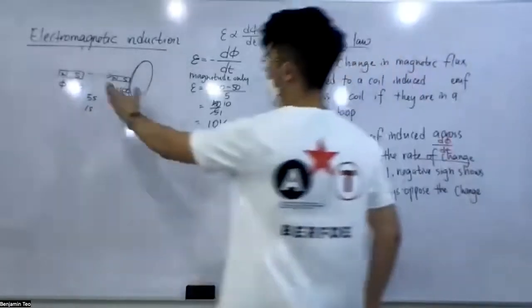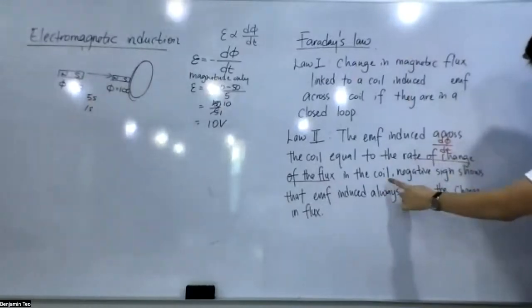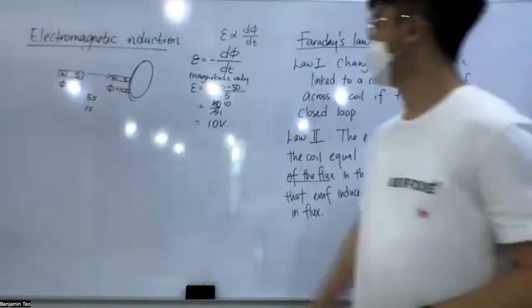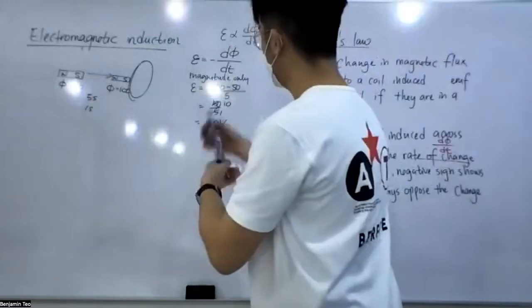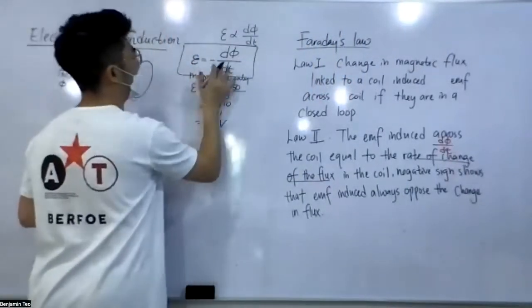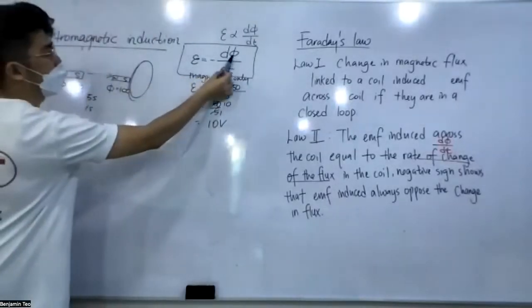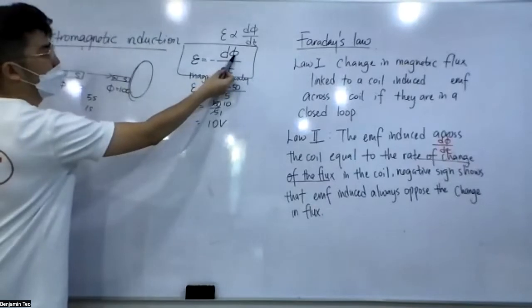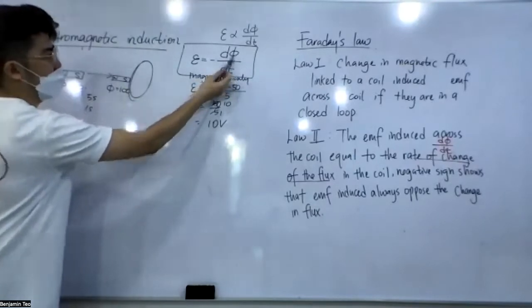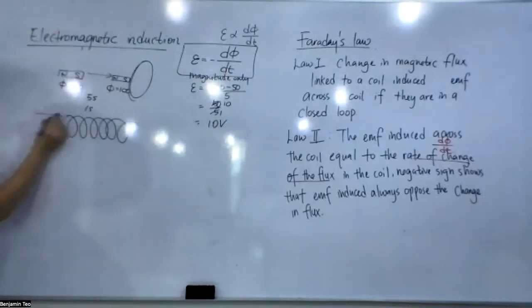Now, EMF is calculated by rate of change of flux in the coil. That is Faraday's law. This formula, please remember, very, very important. And also from this formula we can derive many others. Like what? d phi. Remember phi is magnetic flux. If I have a solenoid, what do we call this? Magnetic flux linkage.